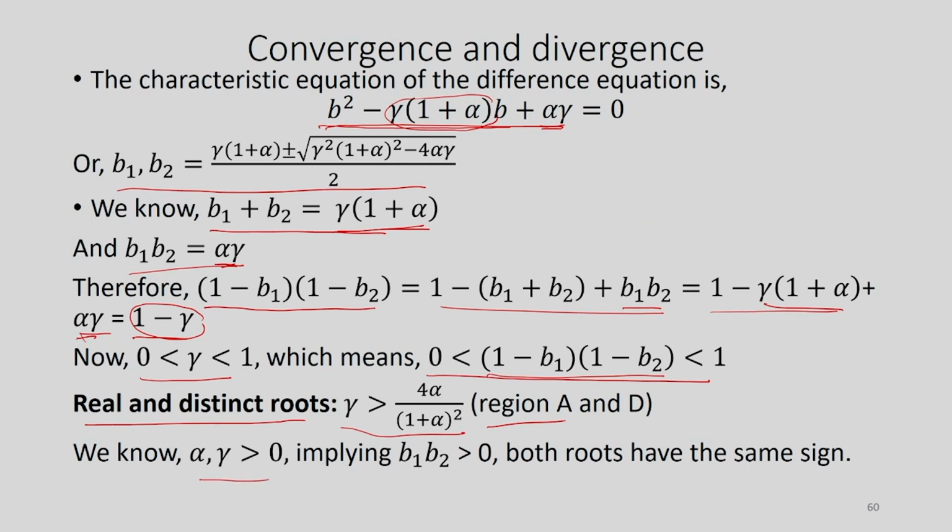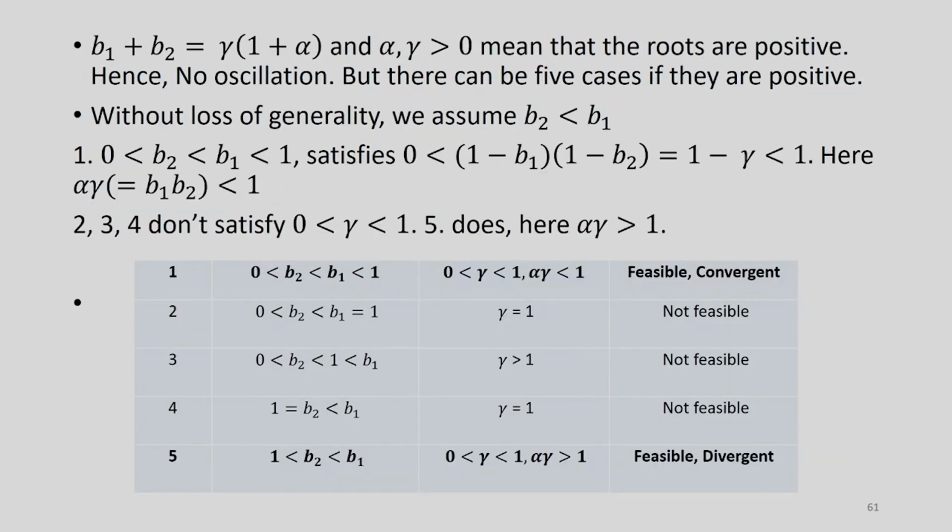Now, that basically means that b1 multiplied by b2 is positive, because b1 b2 is equal to alpha multiplied by gamma. Now, if b1 multiplied by b2 is positive, then there are only two possibilities, either both of them are positive or both of them are negative. Okay. Both the roots have the same sign. Now, can both of them be negative?